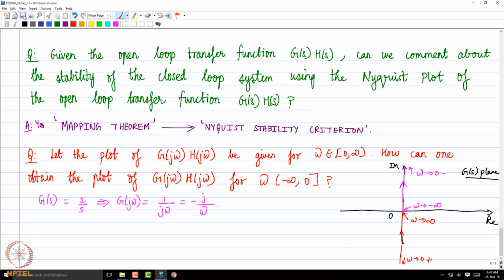So kindly plot the first order factor that we looked at and tell me what you get when you have omega as a parameter which varies from minus infinity to plus infinity. That is something I am going to leave to you as homework. When we meet in the next class, we will look at the mapping theorem and also discuss the Nyquist stability criterion.